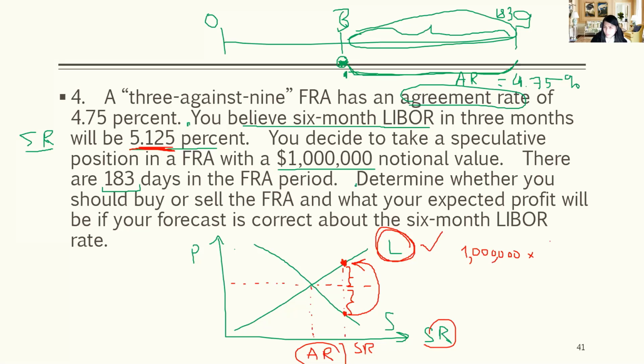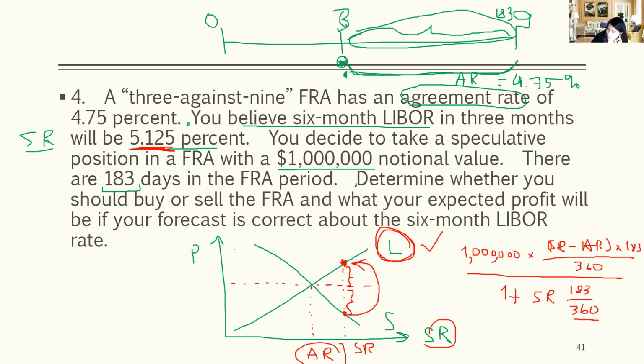I'm just going to compute this amount here, times the number of days divided by 360, and then everything divided by 1 plus SR times 183 divided by 360. We use an American textbook, so by convention they assume 365 days a year. So this is where 360 comes from.